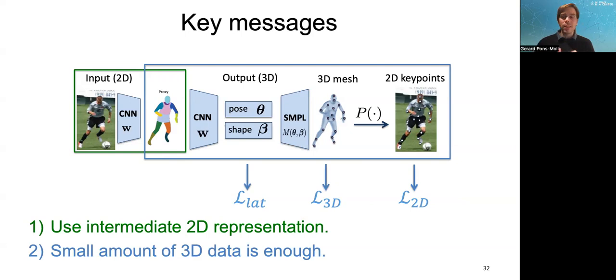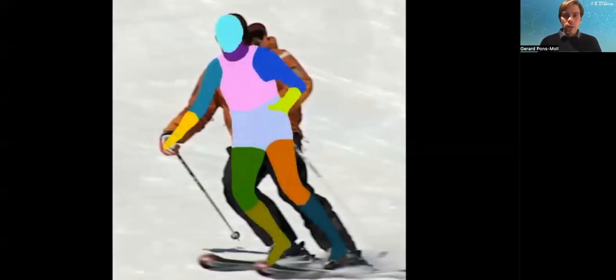You would imagine that you would keep adding more and more data and things get better and better. But the truth is that at some point, things don't improve any longer. But until you get to that point, definitely having lots of 2D key point annotations and a bit of 3D data is useful. All right, so let me show you some results.